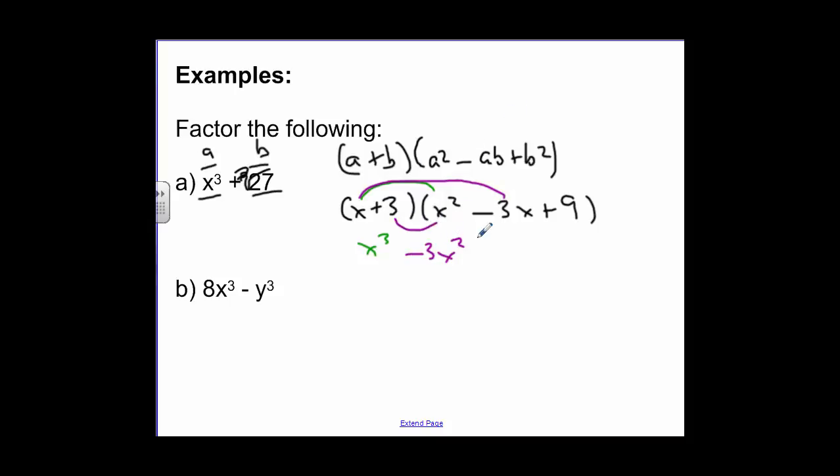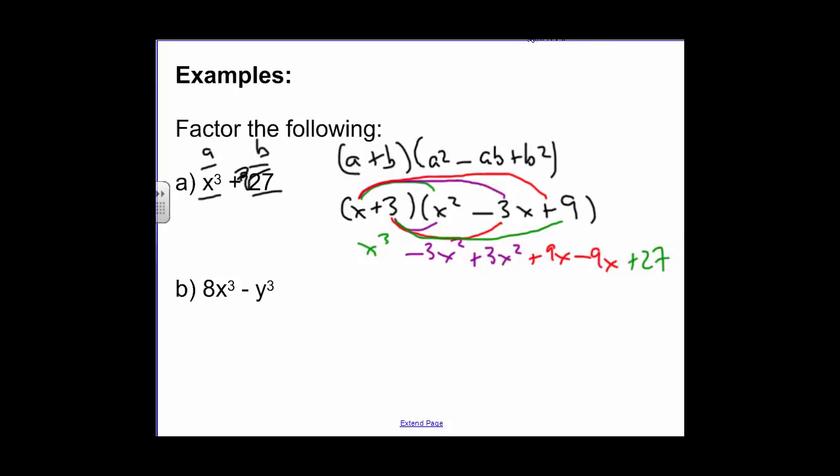If I do this one by this one, it'll give me positive 3x squared. I'm doing it kind of out of order just to kind of prove how this will work. If I do x times 9, I'll get 9x. But if I do this one times that one, I'll get minus 9x. And then for our last color, if I do 3 times 9, it should give me 27.